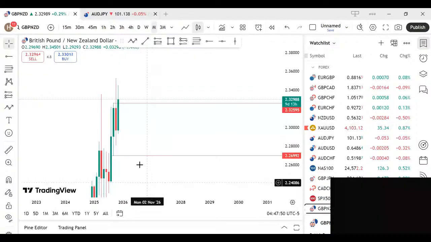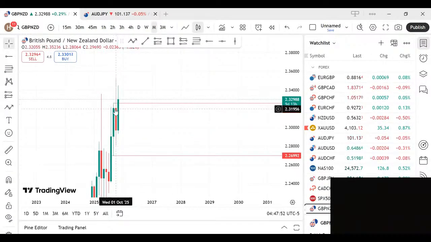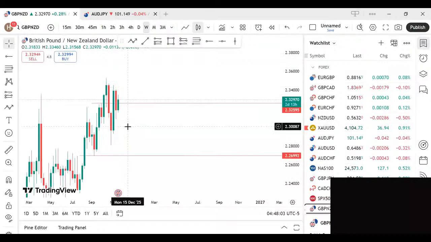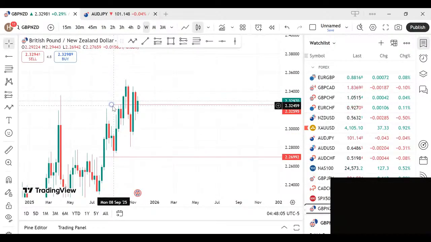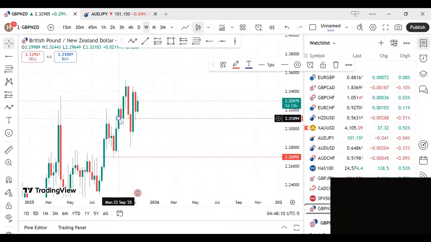Okay, back to this. So this high was swept. And if you come to the weekly, whenever things like this happen, you want to see a breakout to the downside. And on weekly, we had this breakout to the downside here. So I knew at least that the sell pattern had been confirmed, that we are selling.